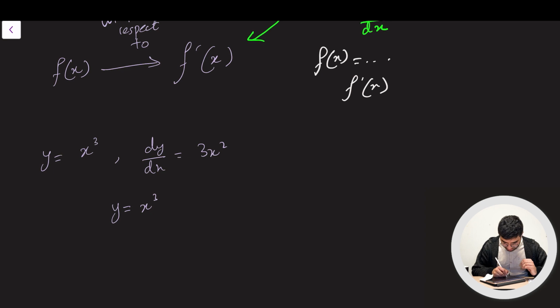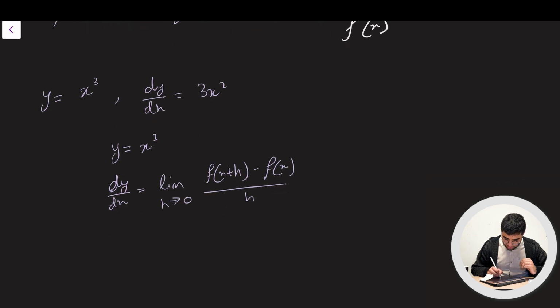So if y equals x cubed, dy on dx is equal to the limit as h approaches 0 of f of x plus h take f of x all over h.